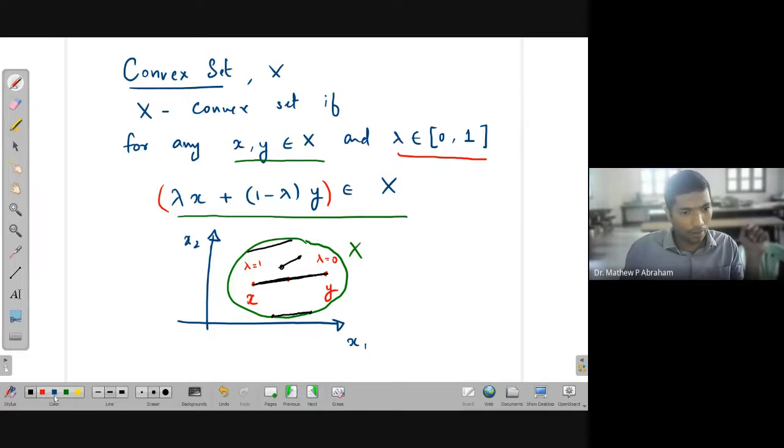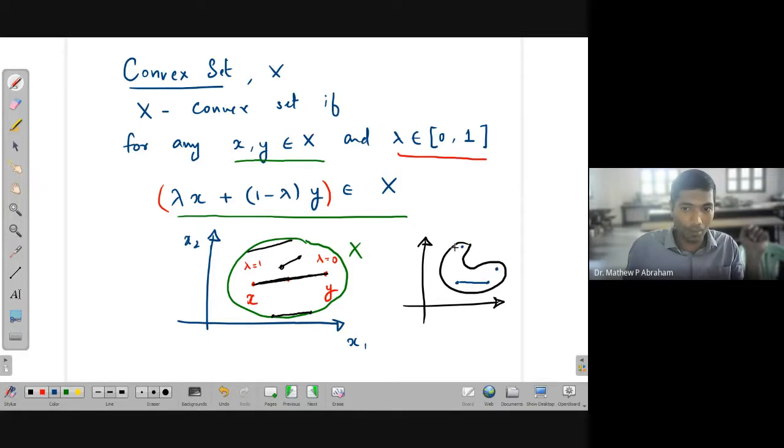I'll give an example of a non-convex set. In a 2-dimensional case, something like this is not an example of a convex set. The reason is, suppose I take a point here and a point here and draw a line between them, all those points are inside, so that is satisfied. But this is not satisfied for a point here and here.